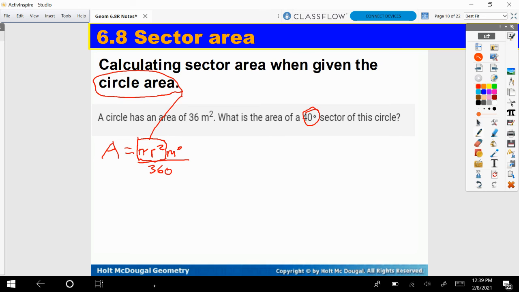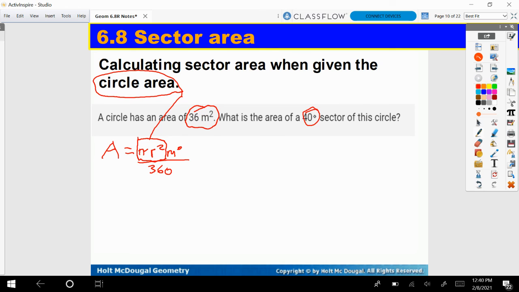All right, pi times the radius to the power of 2. Okay, so this part here represents the area of a circle, which we're already given that calculation. So it saves us a little bit of steps because pi times the radius to the power of 2 is this number right here, because we're already given the area.